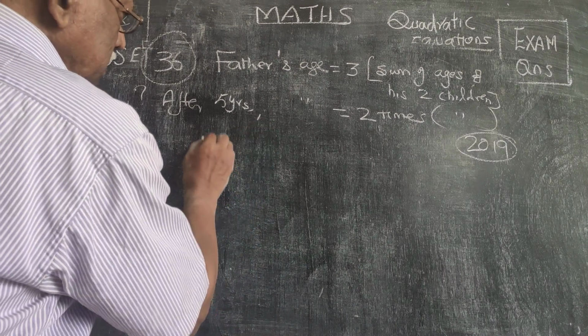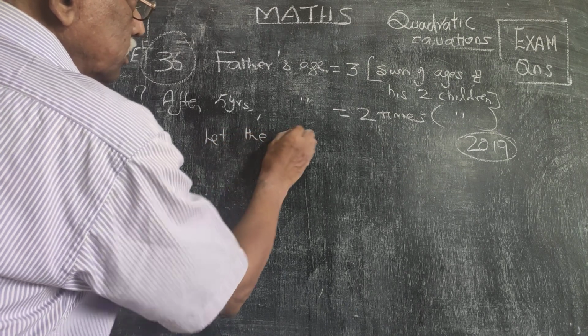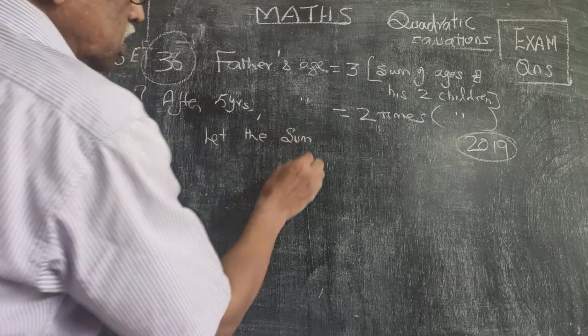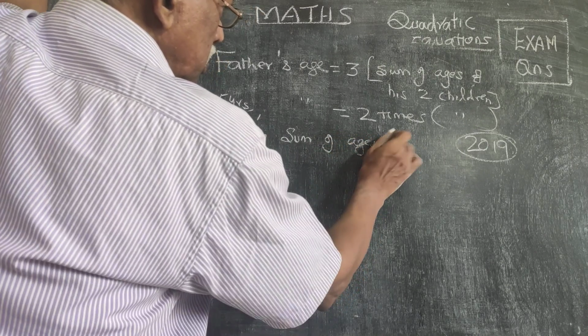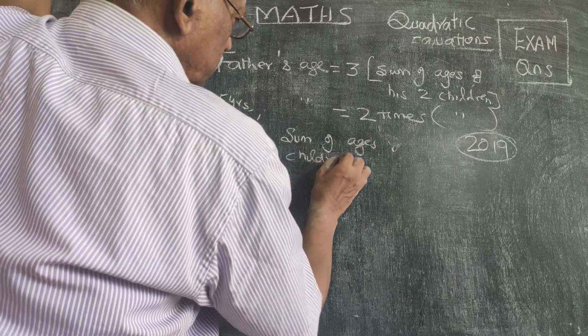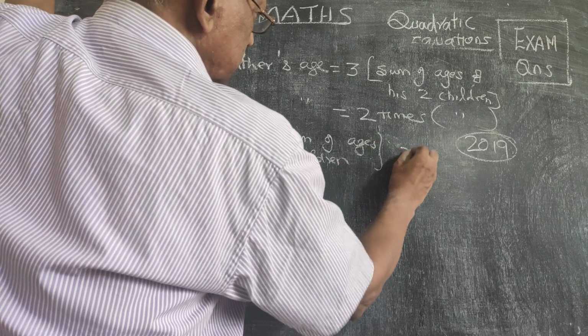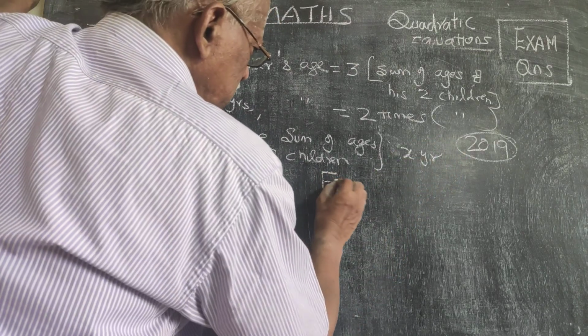Now let us start. Let the sum of ages of 2 children be x years. So then what is the father's age?